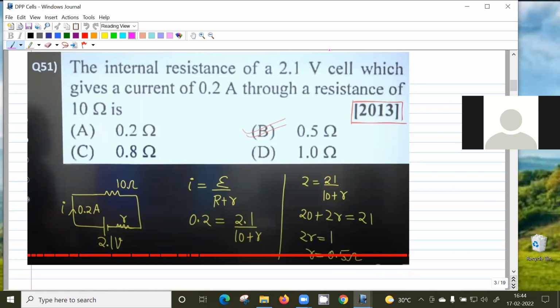The internal resistance of a cell is such that 2.1 volt gives a current of 0.2 amps. So the resistance is 10 ohms, find the internal resistance. Solve this one, use pen and paper. This is a single cell which is connected to a resistance.